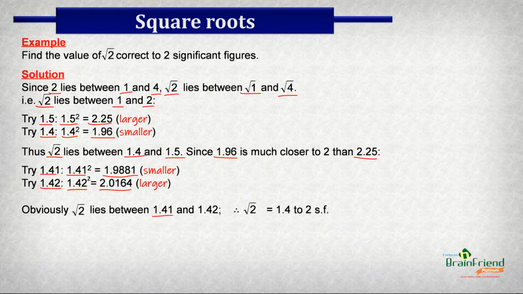Ordinarily, you can see that our answer lies between 1.41 and 1.42. But since we are interested in the first two significant figures for our result for the number root 2, we can safely say our answer is 1.4 to two significant figures.